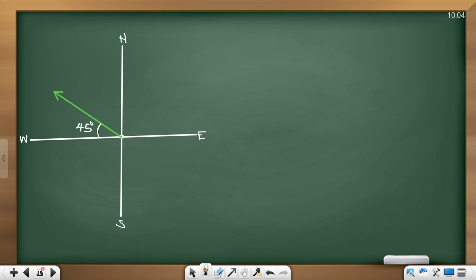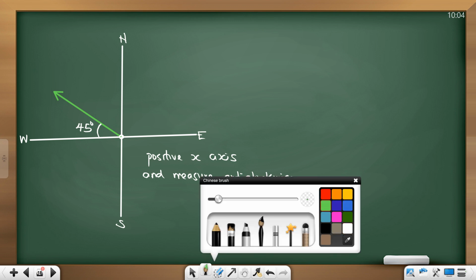Good. But we said, conventionally, we should measure from the positive x-axis and measure in which direction? Anti-clockwise. This is the right thing to do in the world. Where's my positive x?